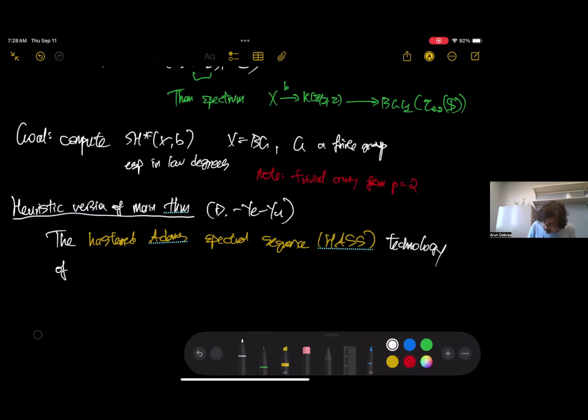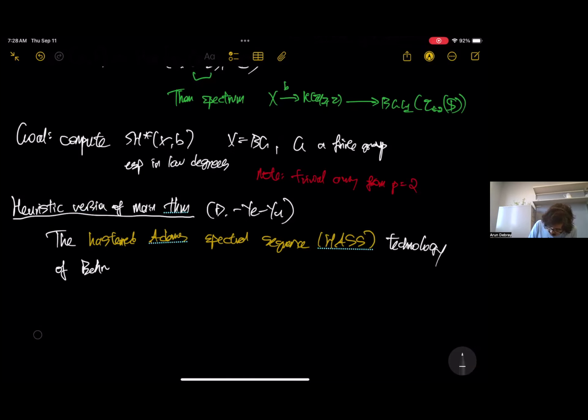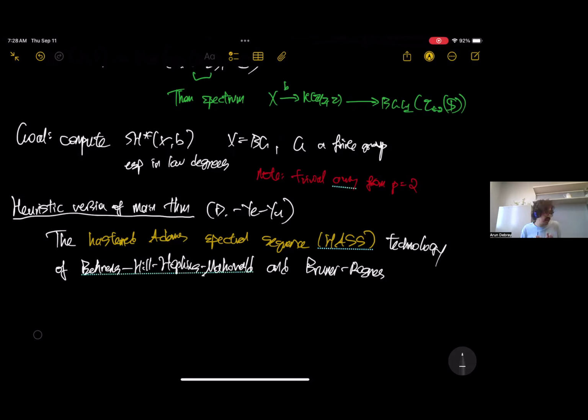So first we've got Behrens, Hill, Hopkins, and Mahowald, and Bruno Rognes, who wrote this really nice systematic account.